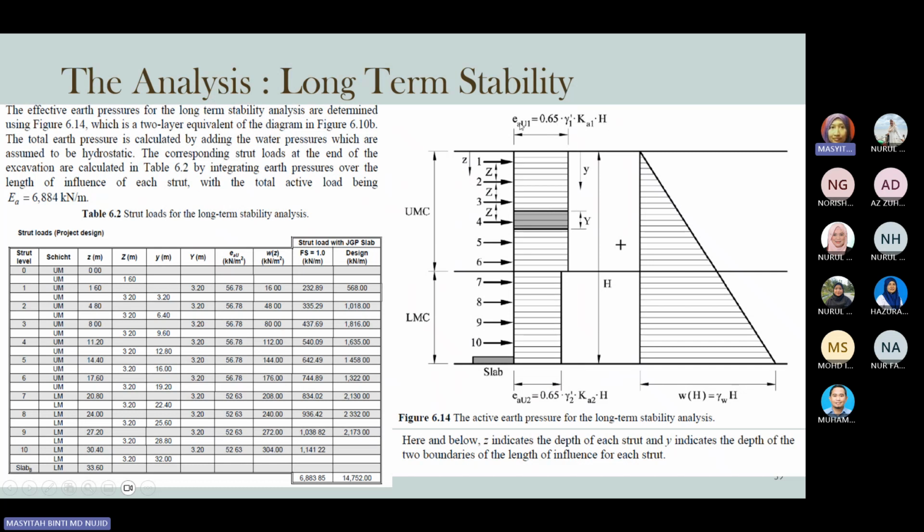So you can see that in part of these equations, the difference of the coefficients of the active earth pressure: Ka1 is used at the ground surface or at the upper marine clay, and then Ka2 is used for the lower marine clay, because the properties of the soil are different even though it is also in the same clay group.